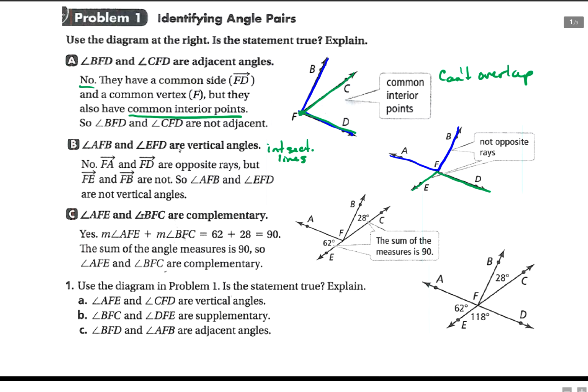Are these made by intersecting lines? No. Ray FA and FD are opposite rays, but ray FE and FB are not opposite rays. They are not a line.